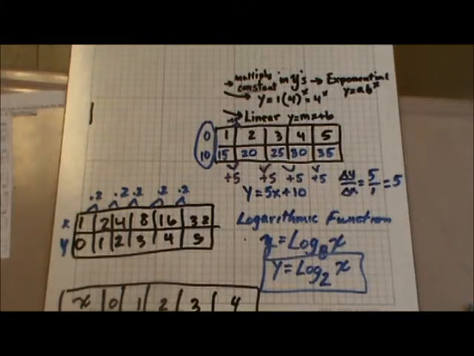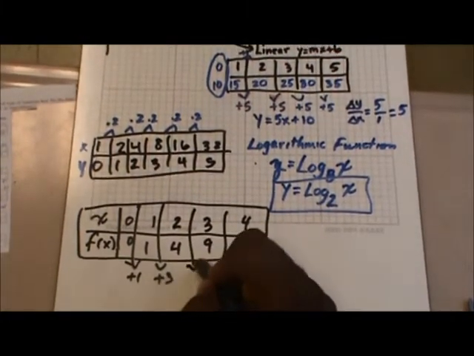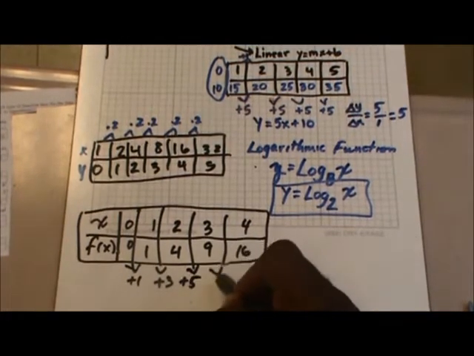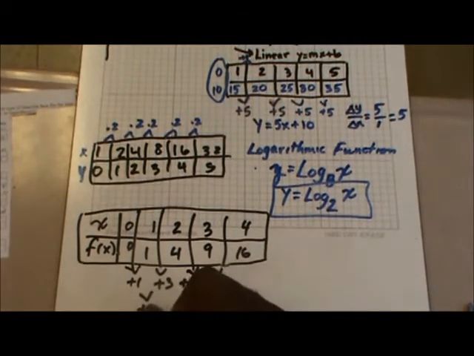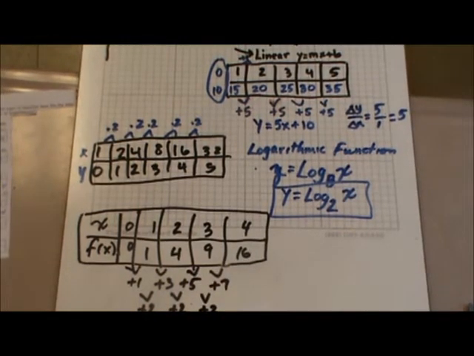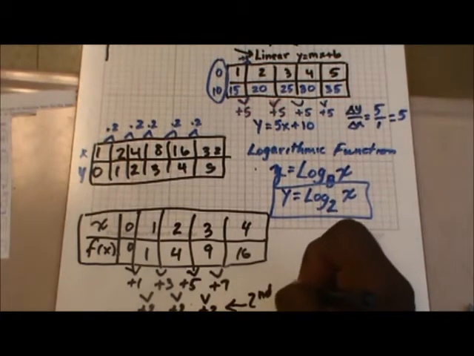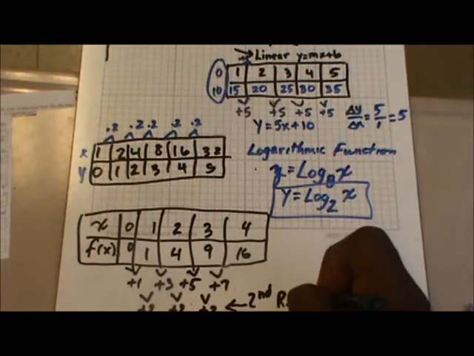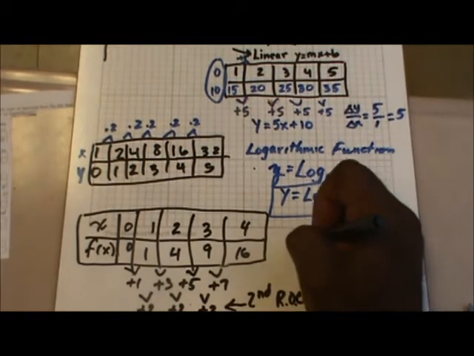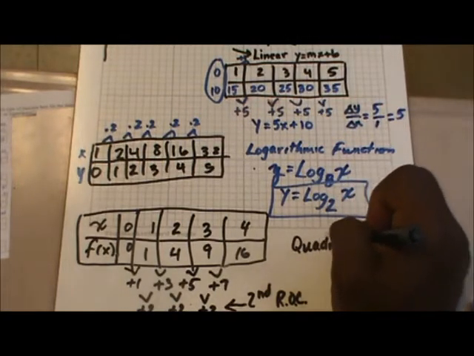Earlier we said that there was a second degree constant rate of change: plus 1, plus 3, plus 5, plus 7, and then this was plus 2, plus 2, plus 2. So that means it's a second degree constant rate of change, and we learned earlier this year that it was going to be a quadratic.